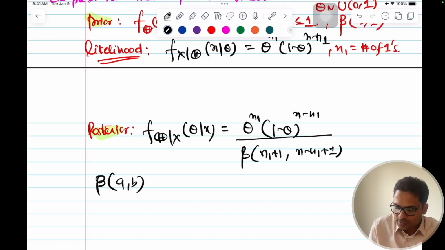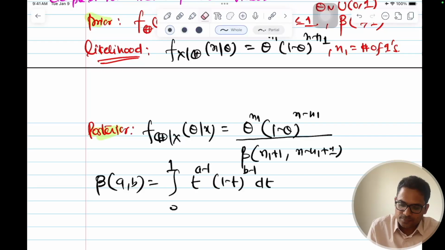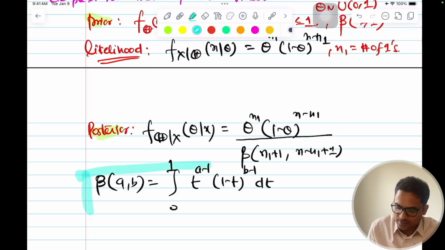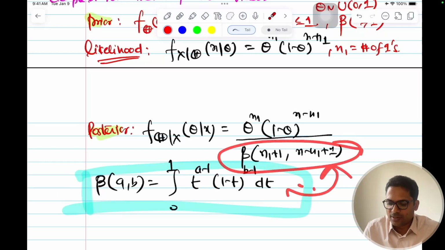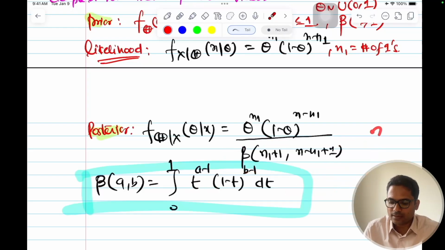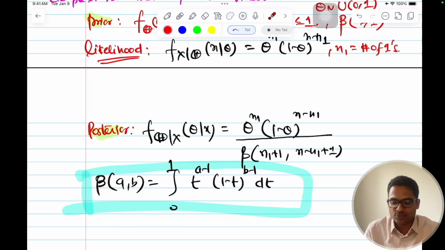It is the integral from 0 to 1 of t to the power a minus 1 and 1 minus t to the power b minus 1 dt. This is the beta function or beta distribution, used to simplify complex integrals. Calculating integrals is difficult, so we use known distributions, and beta is one of them.